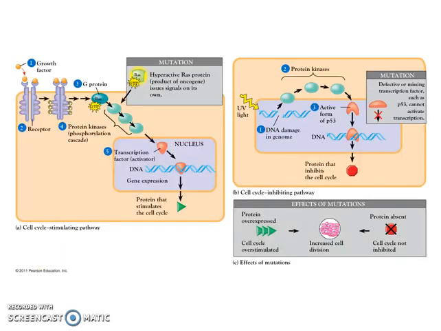So we can take a look here at both of those. We've got an RTK, receptor tyrosine kinase. The growth factor is activating the RTK, which is activating the G protein. So if we have RAS just constantly on, that GTP is stuck there, then the growth factor can leave. The RTK can become deactivated, but that RAS is still sending a signal even beyond when the growth factor is actually there.